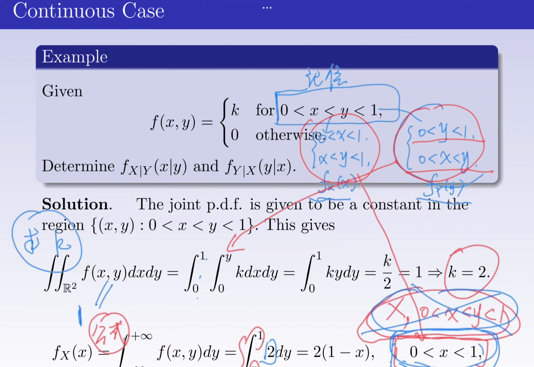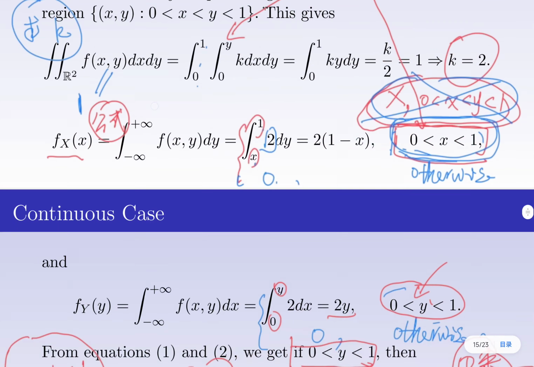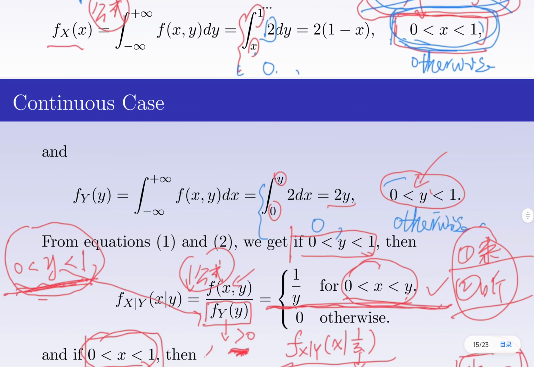K is equal to 2, I think. So this equals to what? Okay, f_Y. We can easily get the result.